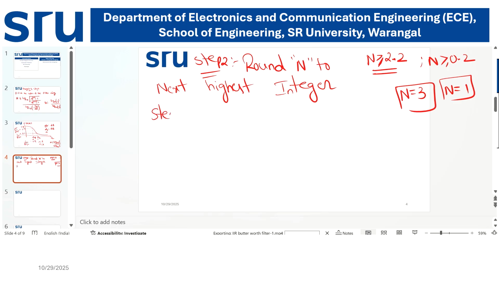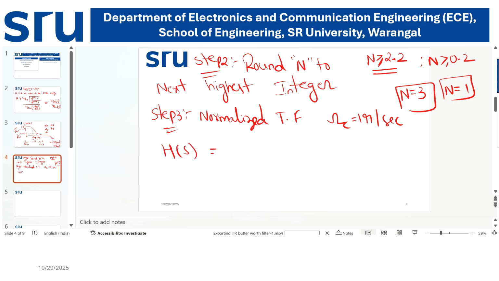Then step number 3 is finding the normalized transfer function. In step number 3 we consider the cutoff frequency as exactly 1 radian per second. So we have to find H of s, which is 1 by the polynomial D of s. Suppose n is equal to 3, then how many poles does the system have? 3 poles.